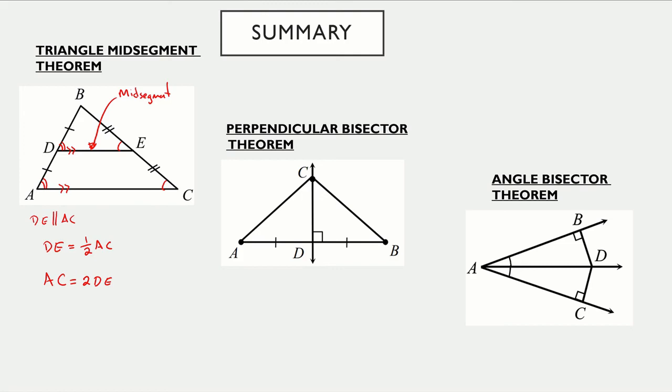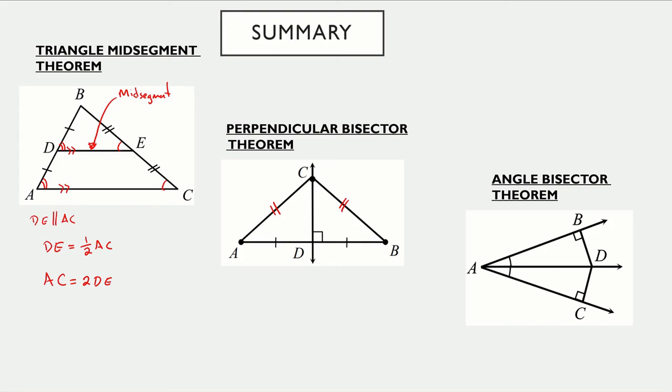For a perpendicular bisector, we get that if we start off knowing that we have two congruent lengths, right, and the perpendicular, then we can say that the sides are going to be congruent.